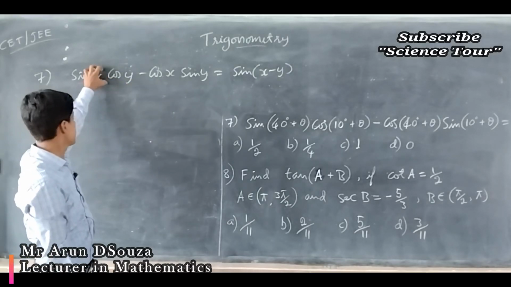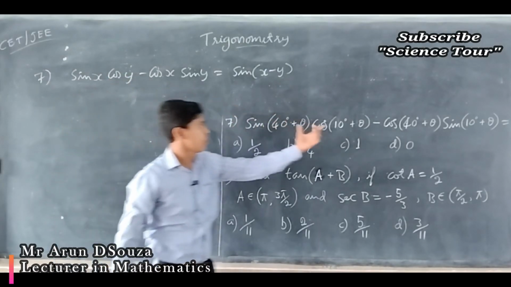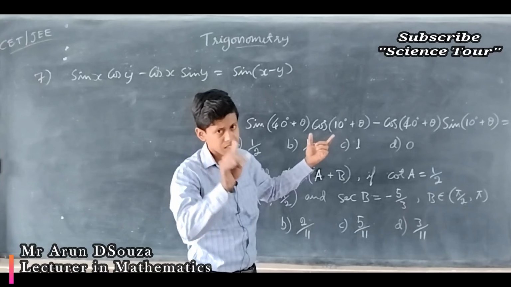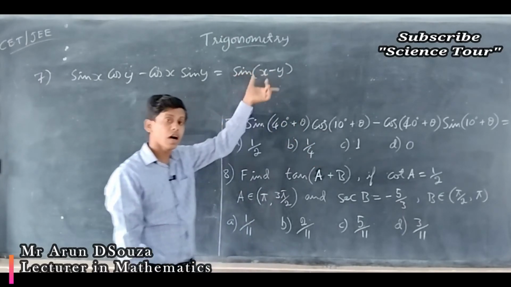So in place of x I have got 40 plus theta, and in place of y I have got 10 plus theta, and those are the angles I have to substitute in place of x and y on the RHS.